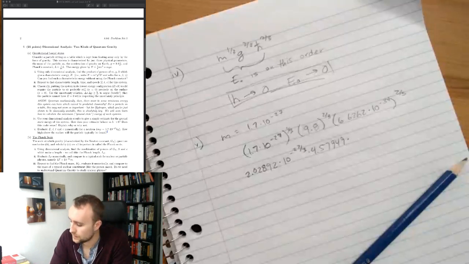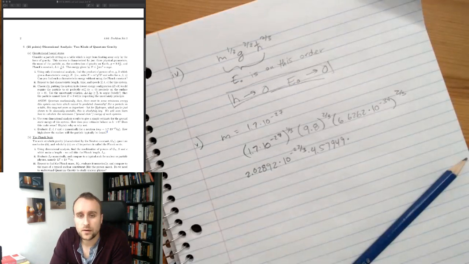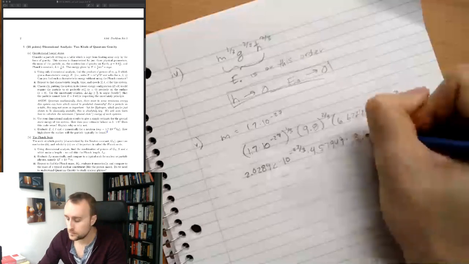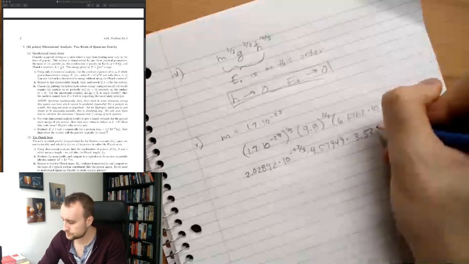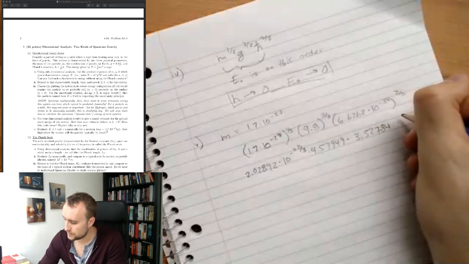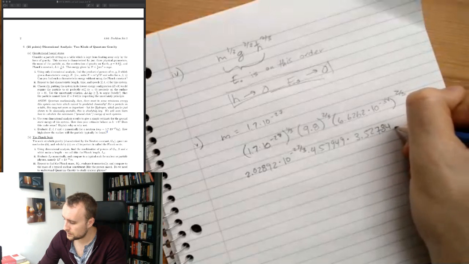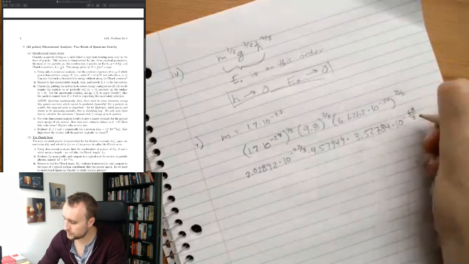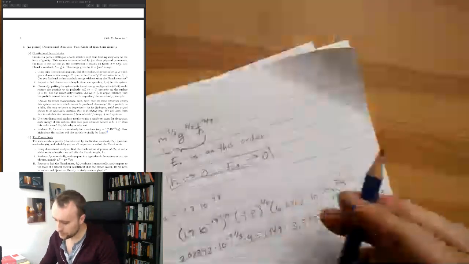And then this last one is 6.6262 raised to the power of 2/3, times 10 to the negative 68 divided by 3. And so 27 divided by 3 is 9.